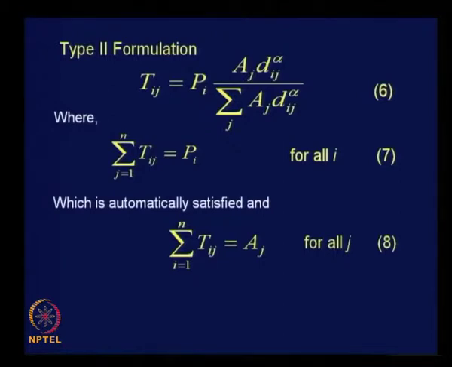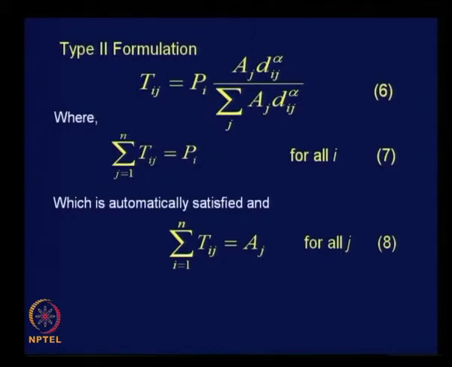So totally we have considered 3 plus 1, 4 model formulations, 3 formulations under doubly constrained category and 1 under singly constrained category, and the functional forms for Fij have been fixed for all the 4 cases.